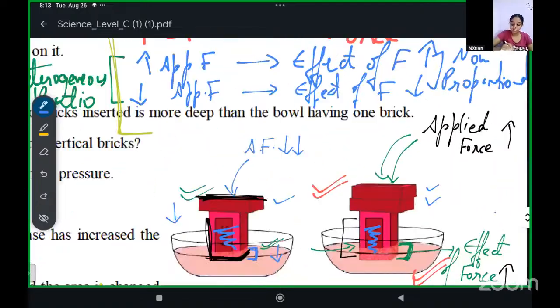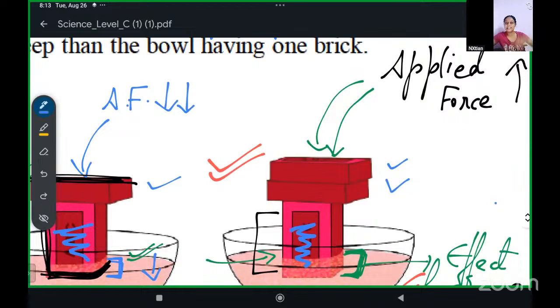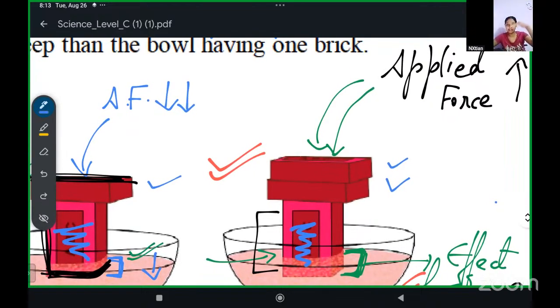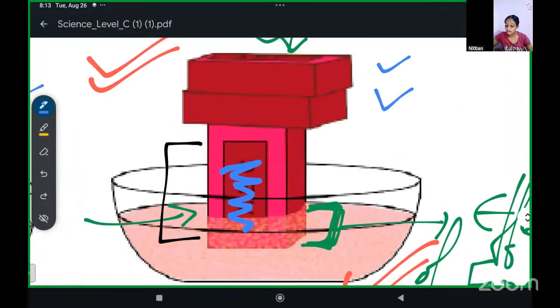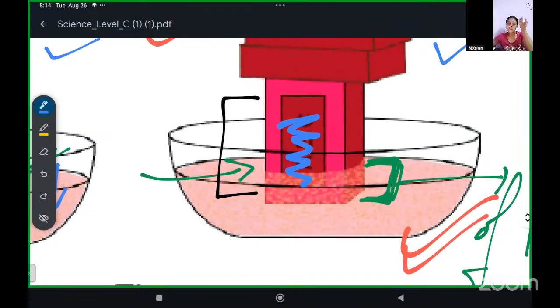Here I'm applying force with horizontal bricks over the vertical brick, the two bricks that are there. When I increase my applied force, the vertical brick standing at the bottom goes more inside the sand.